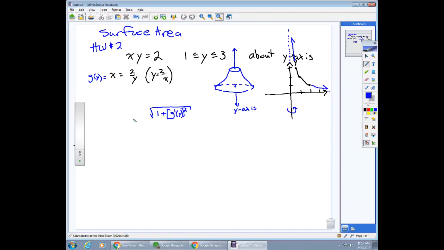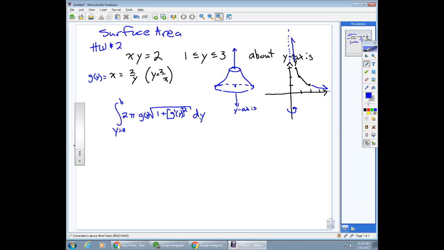And then otherwise, since we're revolving, we have circumferences going on, and that's going to be a 2 pi g of y. And here we're integrating y from some value to another value. So this is the general formula for going around the y-axis right there.